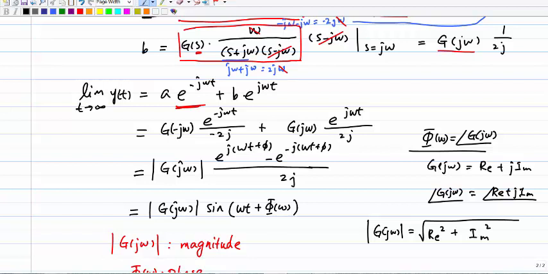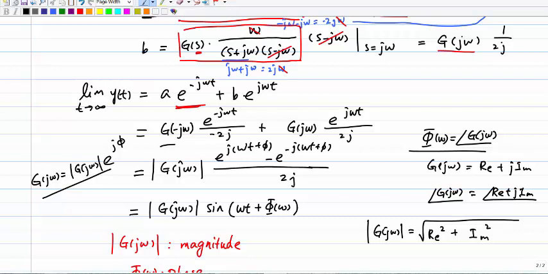So I can write G(jw) as the magnitude of G(jw) times e to the j of phi. That's the angle of it. Once you do that, you can have this one.